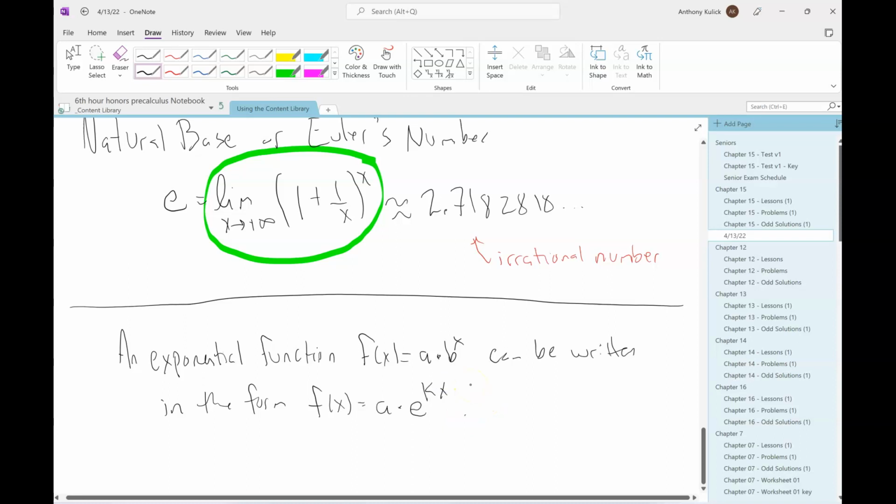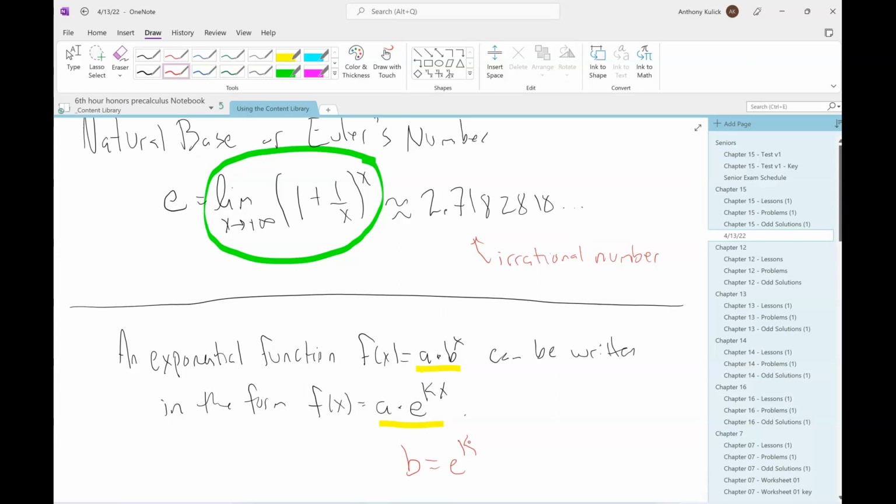That's just an alternate form. So every exponential we can rewrite as a times e to the kx, which makes it a little bit easier to compare two exponential functions. What's the takeaway between looking at these two? Really that b has to be equal to e to the k then. Does everybody kind of see that?